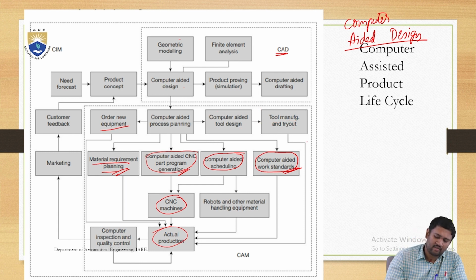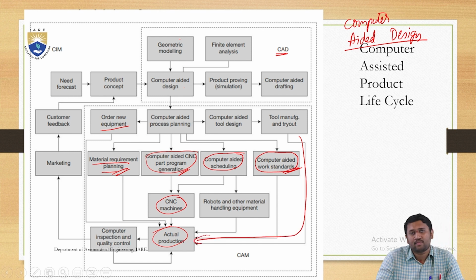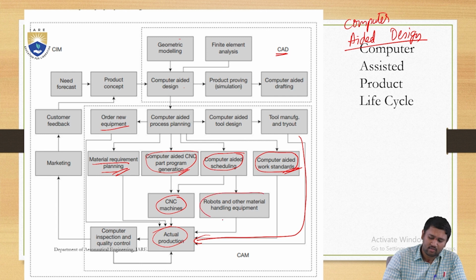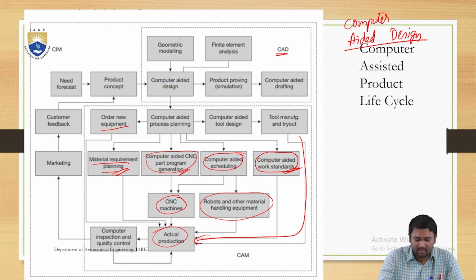After all this, all this data whatever we discussed is again put back to your actual production, right? In this, what I actually missed is robots, which are also a part of your computer aided scheduling, which controls scheduling your robots to perform certain types of action during a certain amount of time, right?